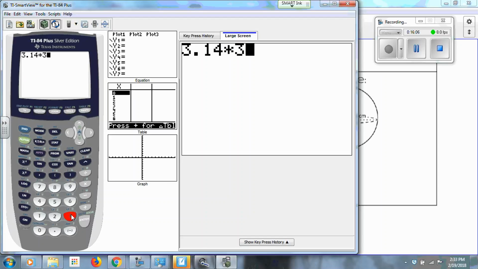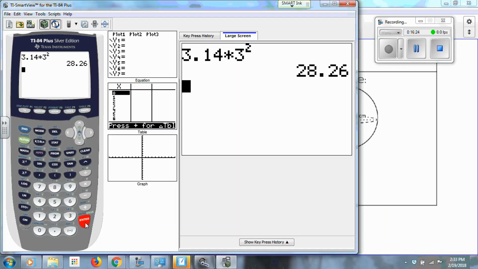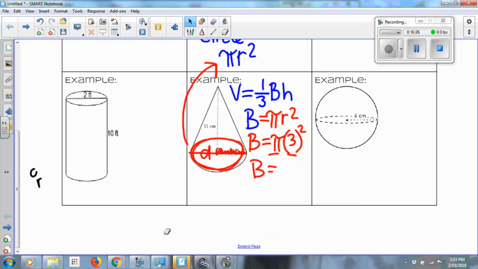And remember, squared, you can either hit x squared or raise the roof and hit 2. So here's x squared, maybe, and hit enter. So our big B, our pi times radius squared, is 28.26. So let's go back to our example and say 28.26.